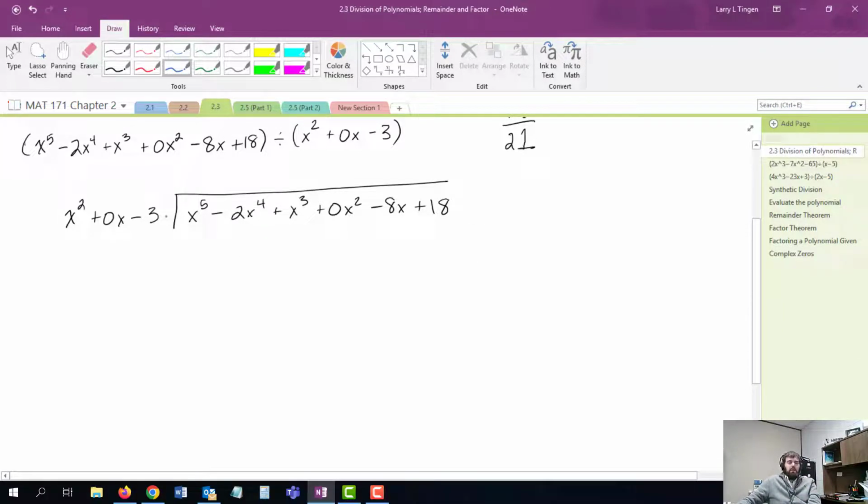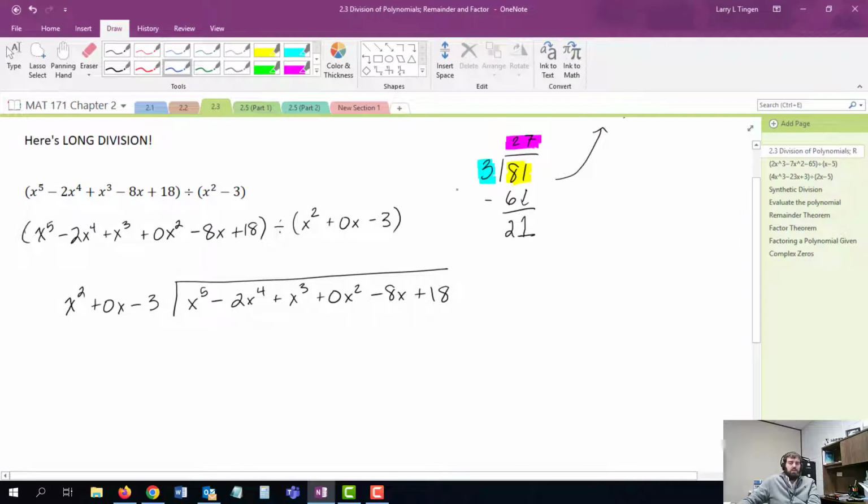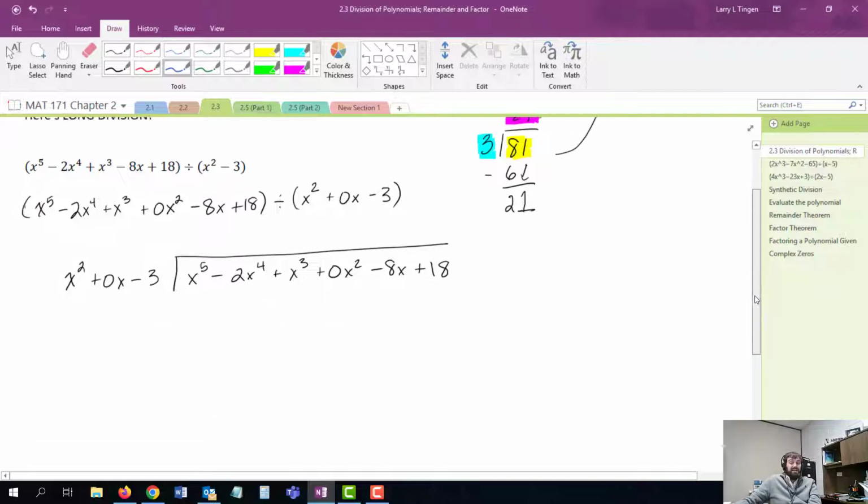Now, this process is a little complicated. The way that we did this long division up above, as I said, 3 goes into 8 how many times, right? So it was okay that the divisor doesn't have to go into the first digit perfectly. For long division with polynomials, it does.